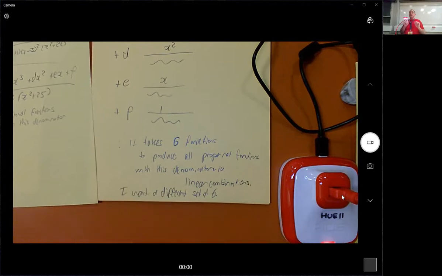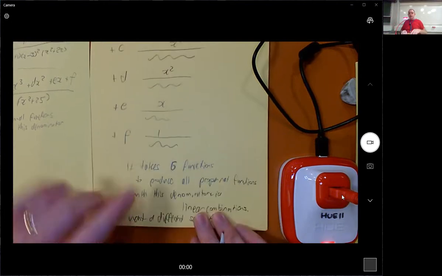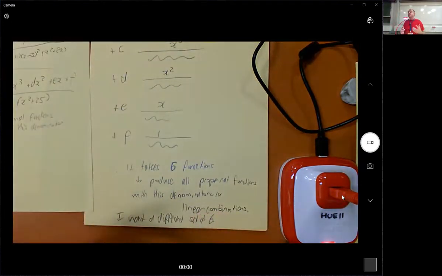Right. If you have studied linear algebra, then this action of doing linear combinations and producing all the answers is called spanning. And these things would be called a basis. We don't have to go into that, but it is exactly that. The problem is that in linear algebra, there are ways of finding a basis using matrix stuff. And here in calculus, it's going to be a bit trickier to find one.